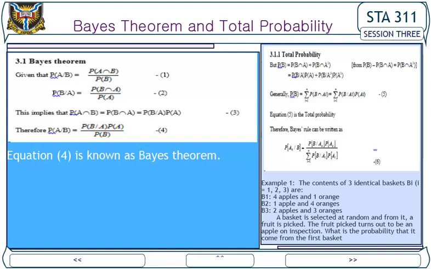Equation 5 is the total probability. Therefore, Bayes' rule can be written as equation 6.